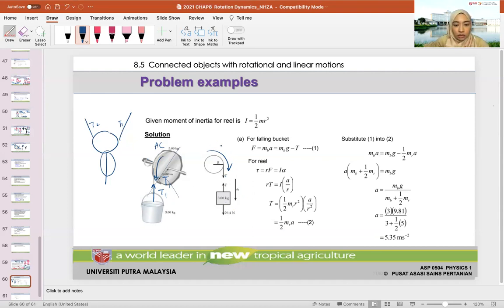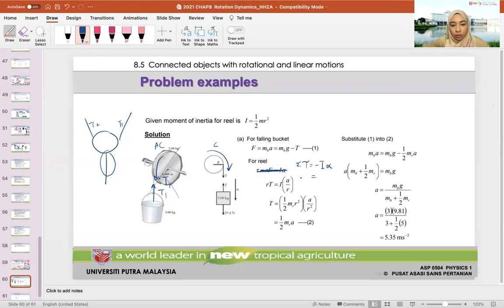So this one, it is rotating clockwise, and this guy is falling, right? So it has acceleration that is going down. So this one, pasal dia patut buat negatif. So torque, dia tak buat condition dia cara dia lain sikit dari saya. Net torque is equal to minus I alpha, and since our tension is moving this way, it is pulling the reel clockwise.